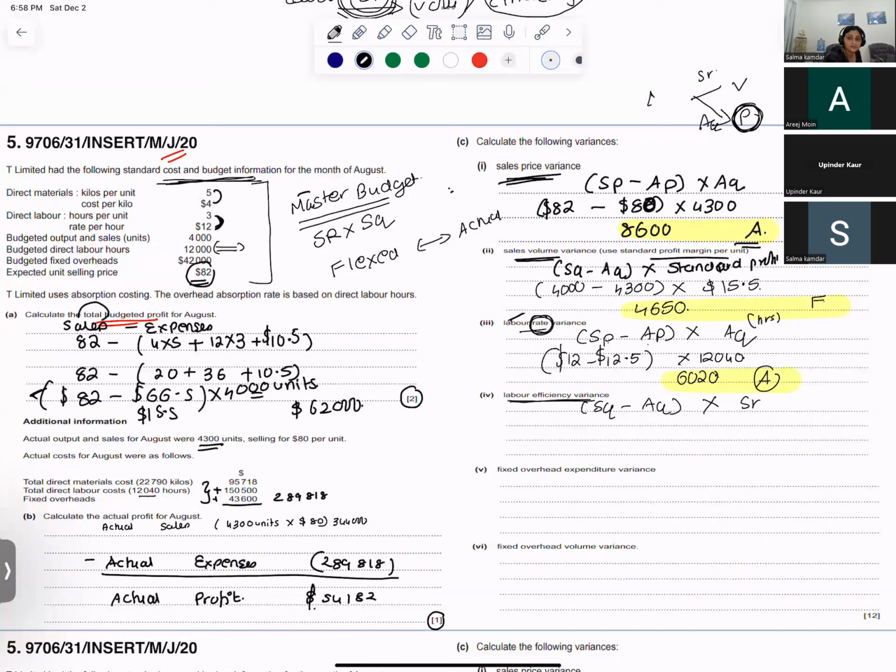Labor efficiency variance will be 12,900 minus 12,040 into standard rate.